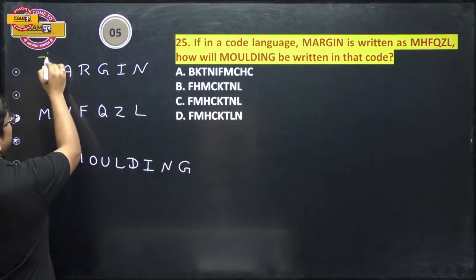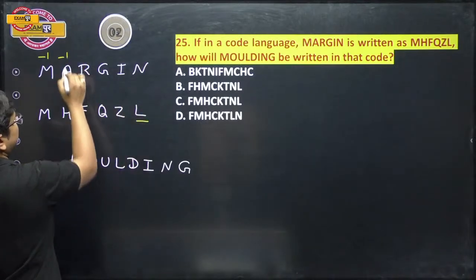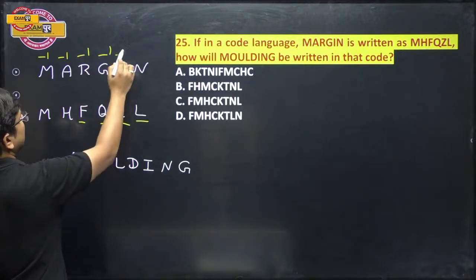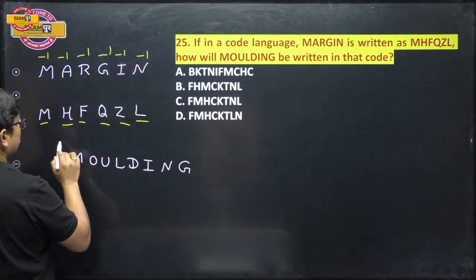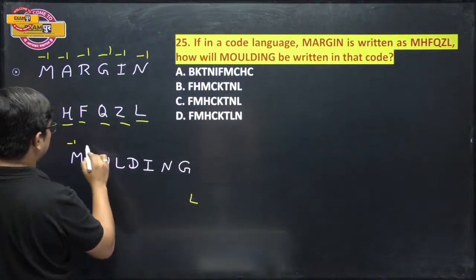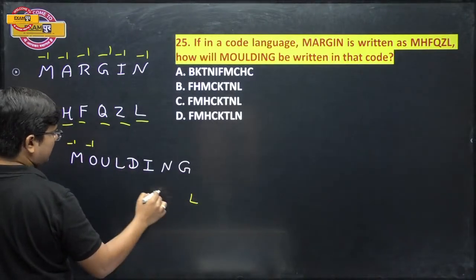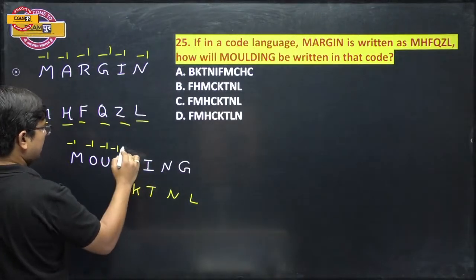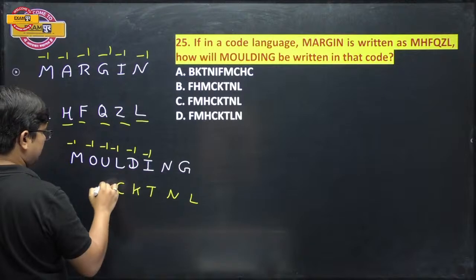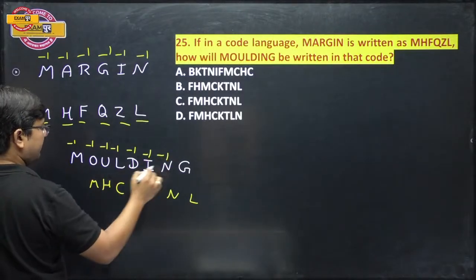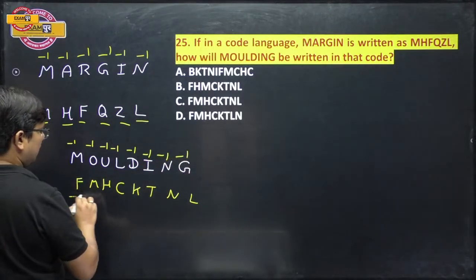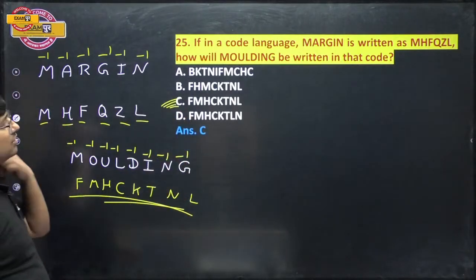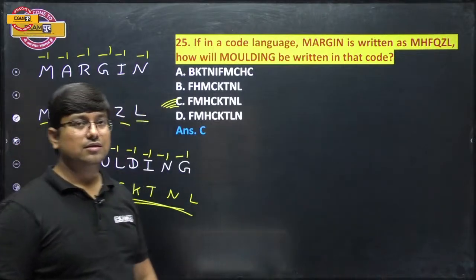M minus 1 is L, A minus 1 is Z, R minus 1 Q, G minus 1 F, I minus 1 H, N minus 1 M. O minus 1 N, U minus 1 T, L minus 1 K, D minus 1 C, I minus 1 H, N minus 1 M, G minus 1 F. FMHC KTNL, option number C is the right answer.